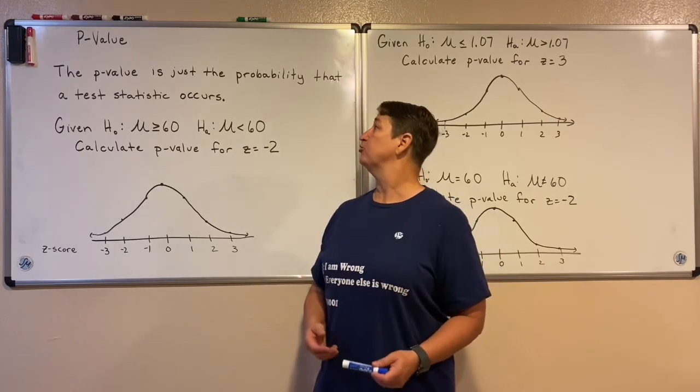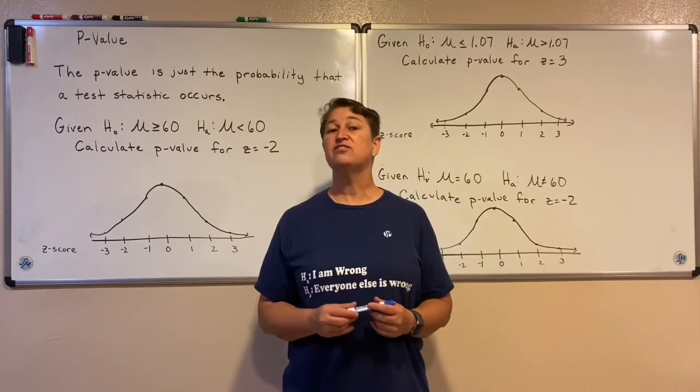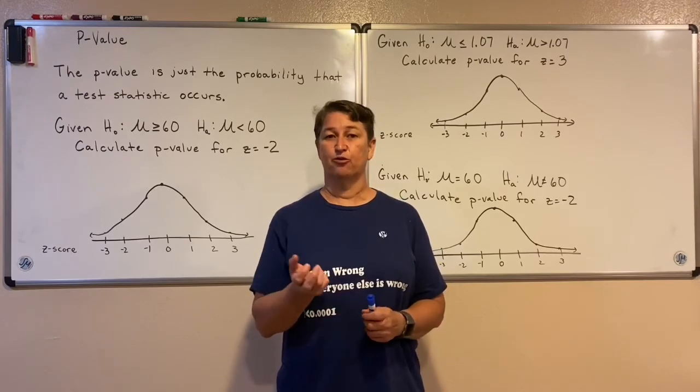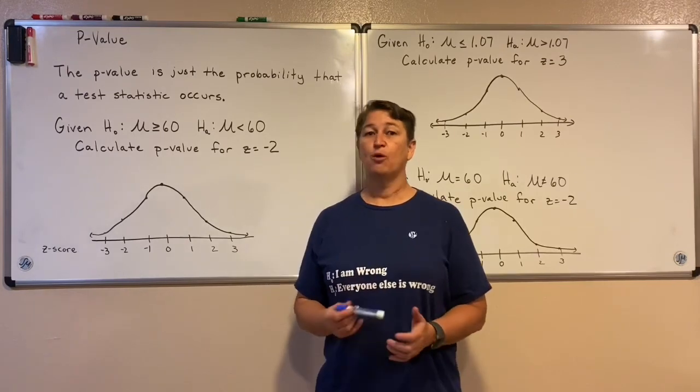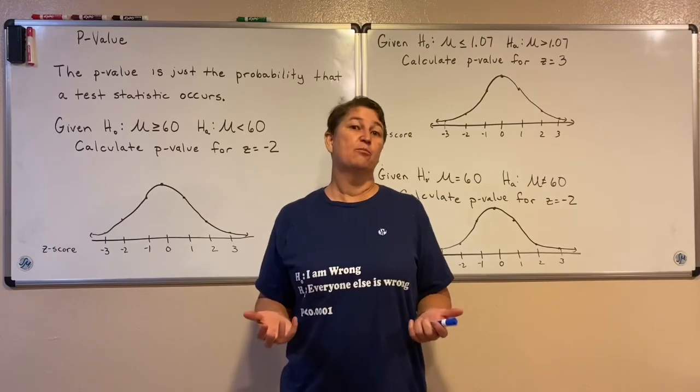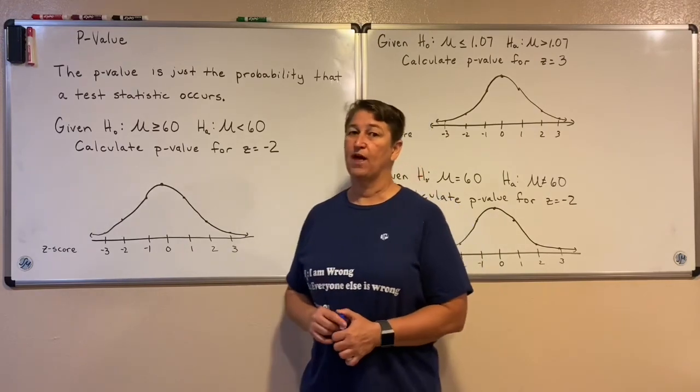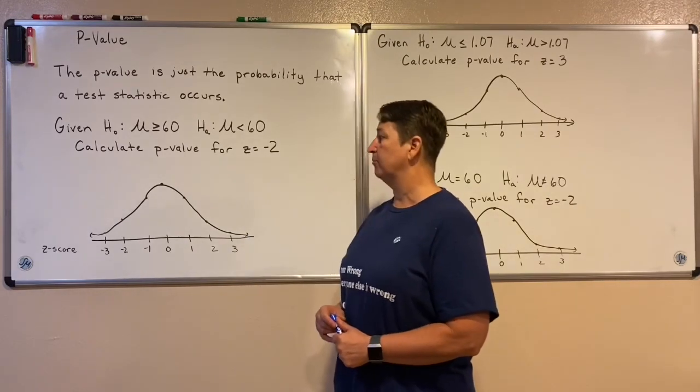So the p-value is just the probability that a test statistic that we have gathered occurs. How probable is it that we got that test statistic? So that's all that p-value is, our probability.